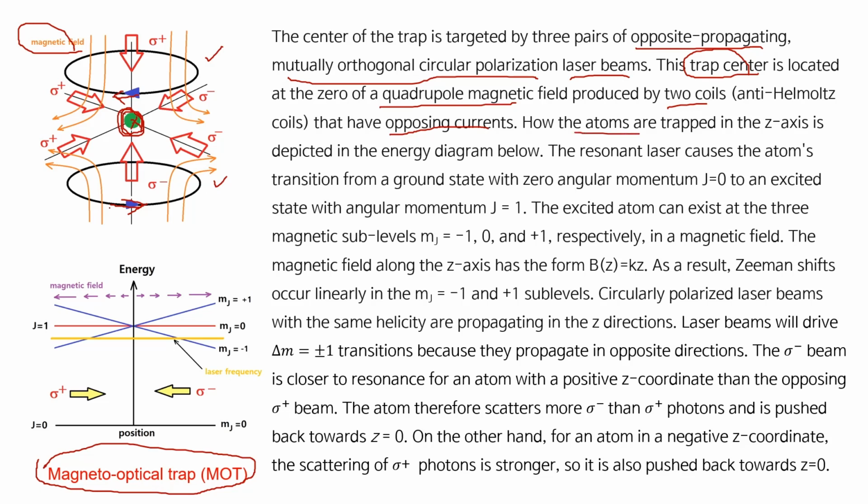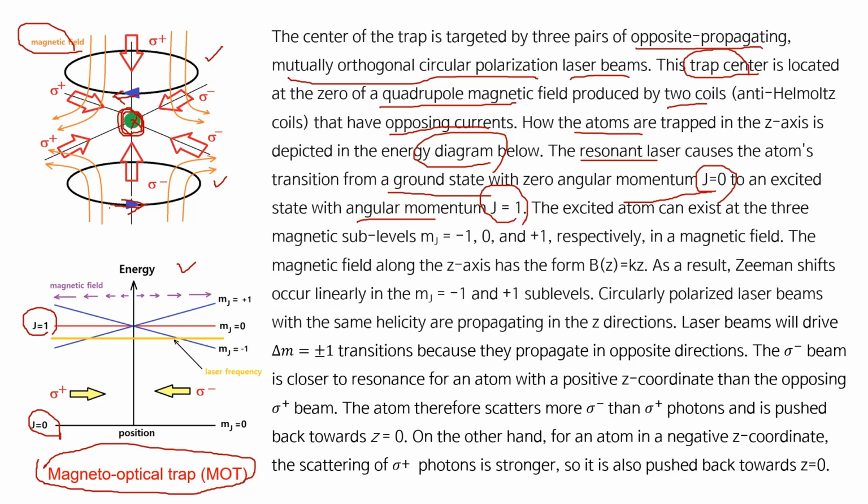How the atoms are trapped along the z-axis is depicted in the energy level diagram below. This diagram. The resonant laser causes the atoms to transition from a ground state with zero angular momentum, J equals 0, to an excited state with angular momentum J equals 1. So we have the J equals 0 energy level and the J equals 1 energy level. Now we consider a two-level system.